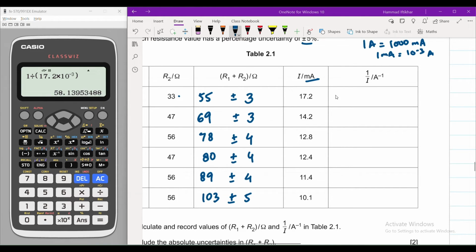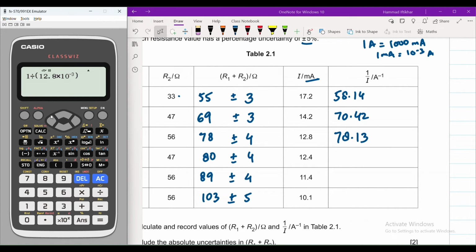So this is 58.14. Then we have 14.2, 70.42. Then we have 12.8, 78.13.